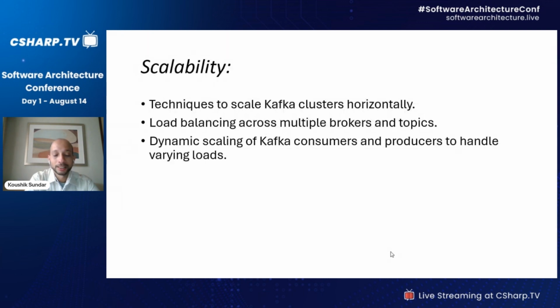Whereas in horizontal scaling, we are adding more brokers to the cluster. Earlier we saw a 3 broker cluster; we can make it a 5 broker cluster or something. But the downside is that either of these approaches will need some downtime, which will impact the functional components.